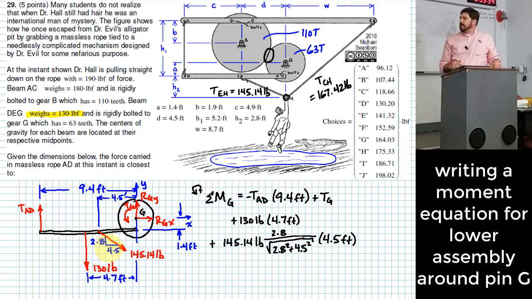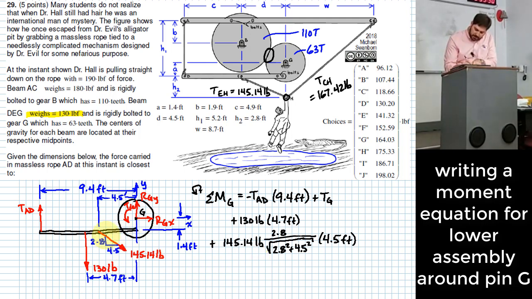But then I need to also think about the horizontal component of force acting at location E and multiply it by what? The vertical length. Okay? So I'm going to add to this.